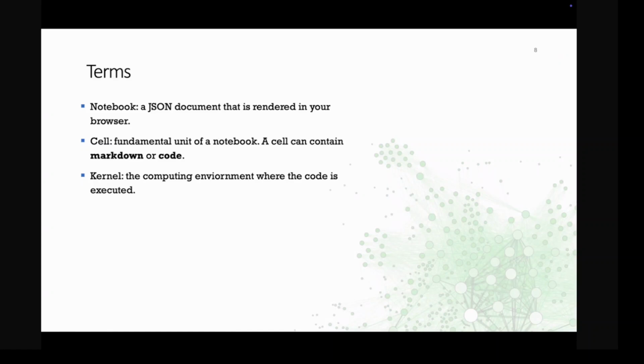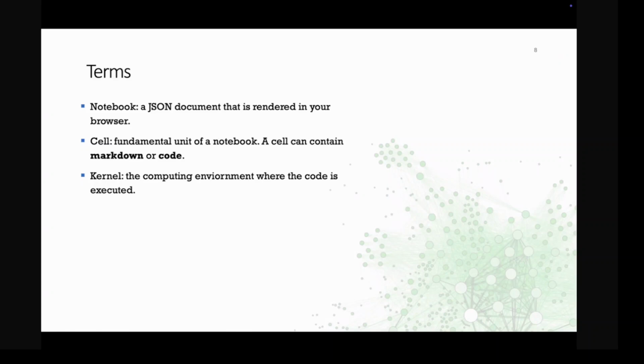And you can have 3 types of cells. I only listed 2 here, but you can have markdown cells, you can have code cells, and there's also a special type called raw cells, which we don't worry about today. A markdown cell is a cell where you can provide structured text. And I'm fairly sure most of you have heard about Markdown, R Markdown in one way or the other.